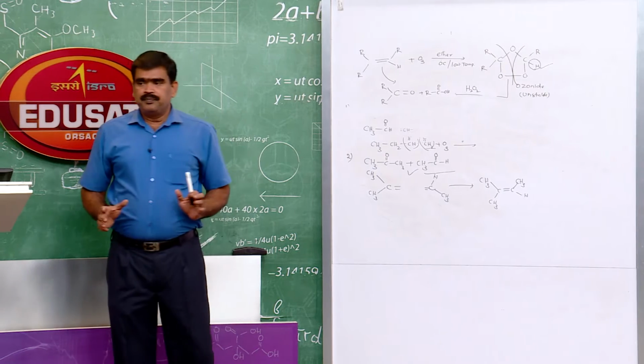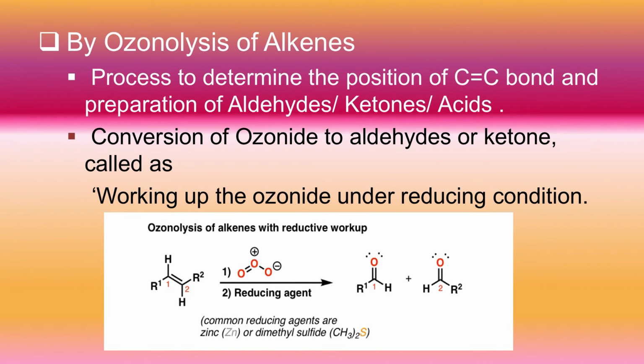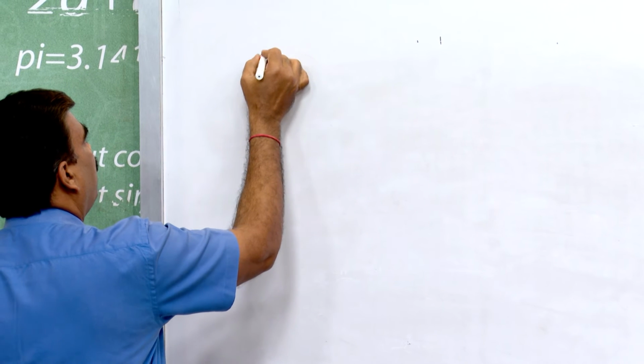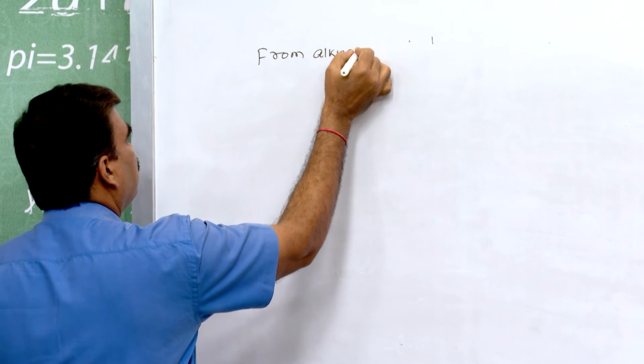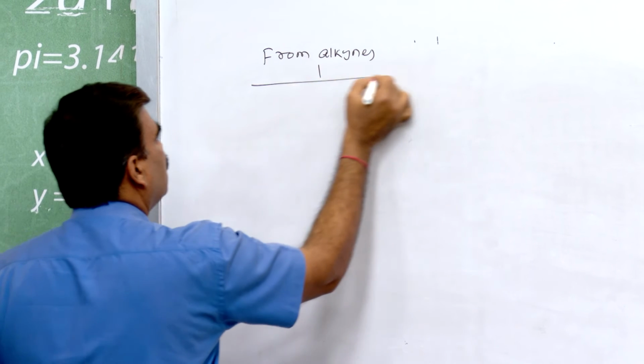और नेक्स्ट अनदर मेथड ऑफ प्रिपरेशन इज योर फ्रॉम अल्काइन, राइट. From alkyne, देखो, there are two processes of preparing your aldehydes or ketones. Number one, from alkynes. There are two methods.